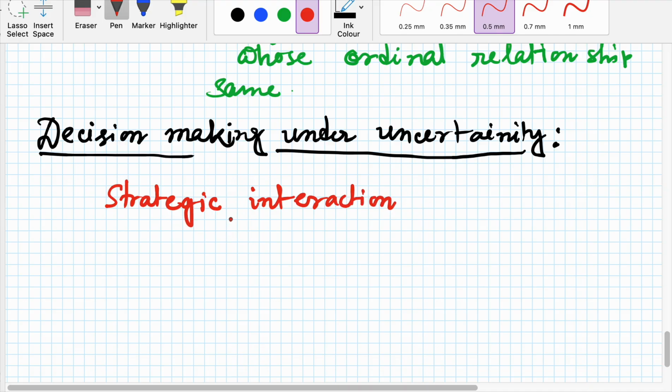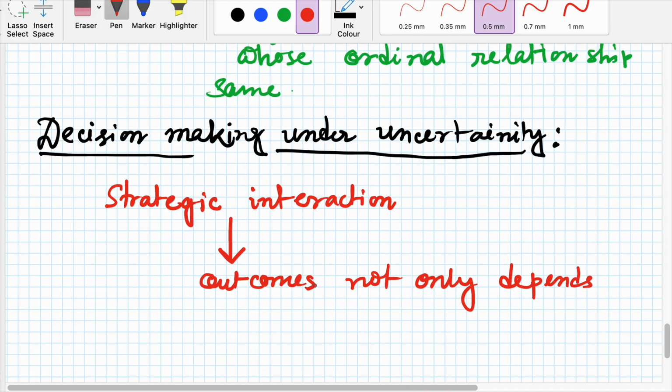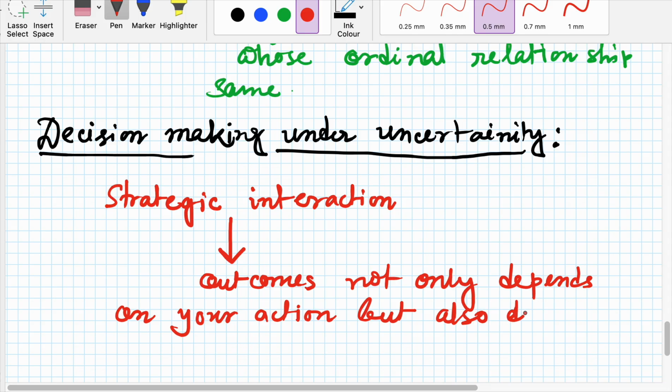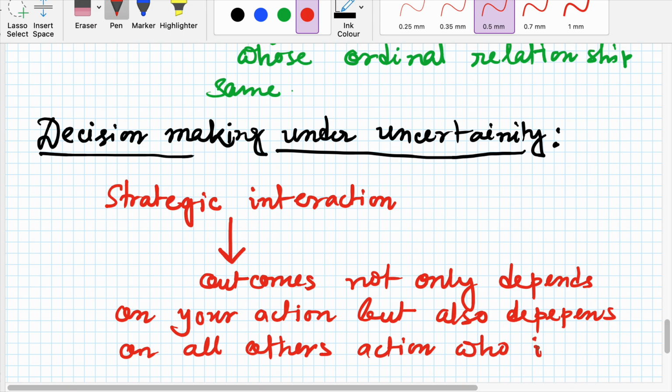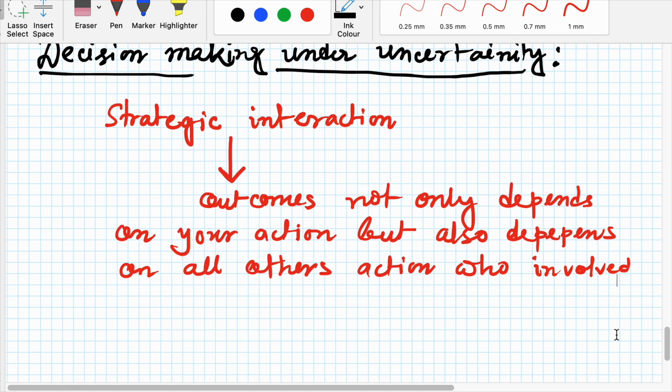And what does strategic interaction mean? A strategic situation is one where the outcome not only depends on your action, but also depends on all the others' actions who are involved in that task.